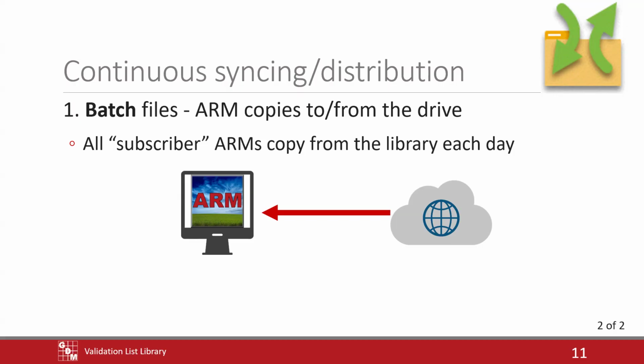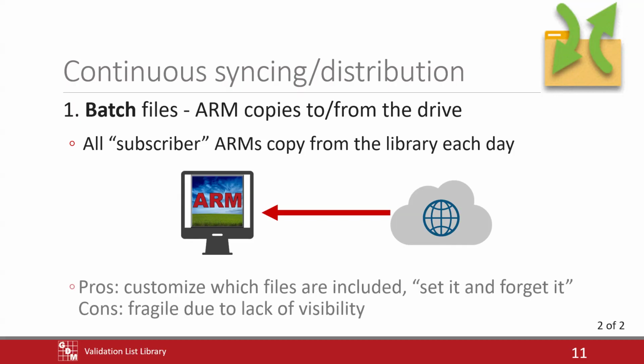Like I said, the actual creation of those batch files is really simple. It's not terribly hard, and you don't have to know anything about it. GDM does that for you. So one of the key advantages is that we can pick and choose which files get copied.